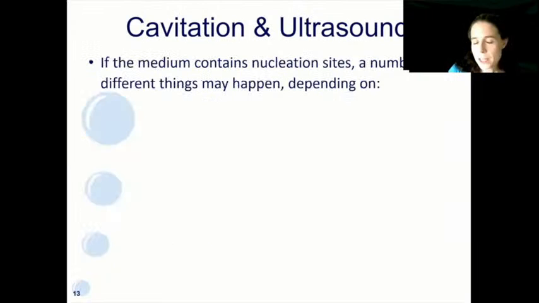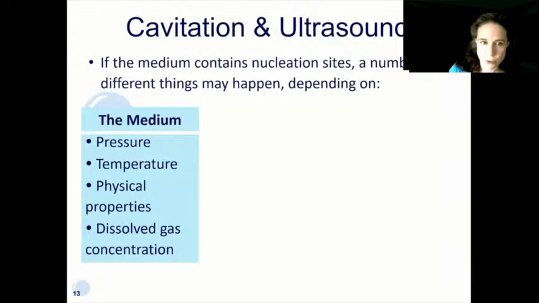So if we have a medium and it contains these nucleation sites, different things will happen depending on how much energy we're able to propagate into that medium as the ultrasound passes through. So the characteristics of the medium are important: pressure and temperature are varying, so the physical properties of that medium and the dissolved gas concentration are important.